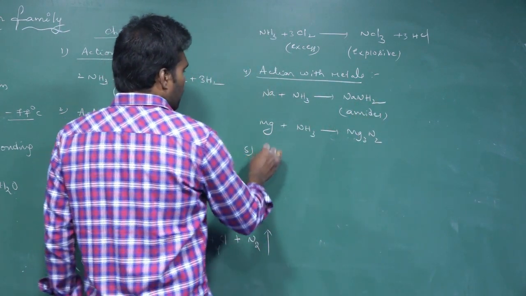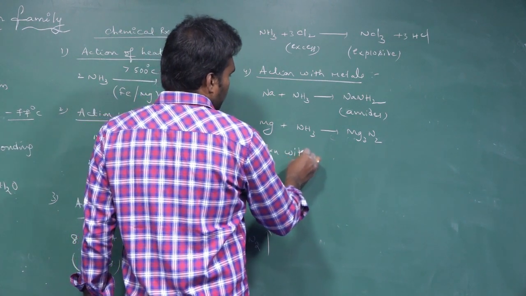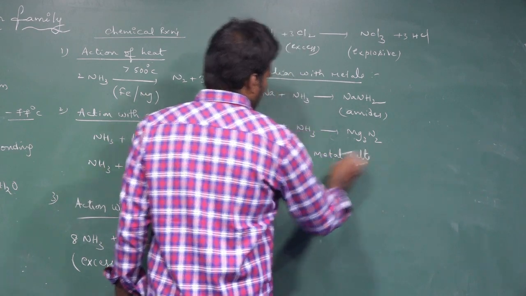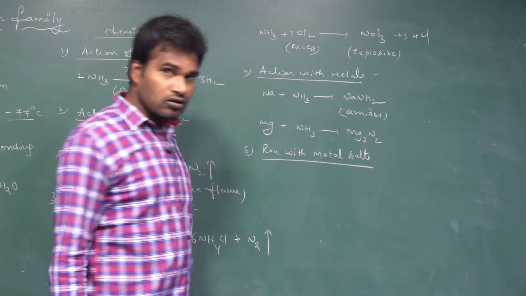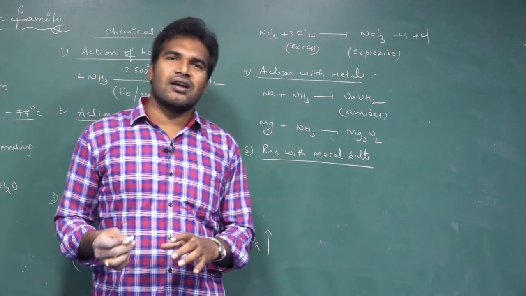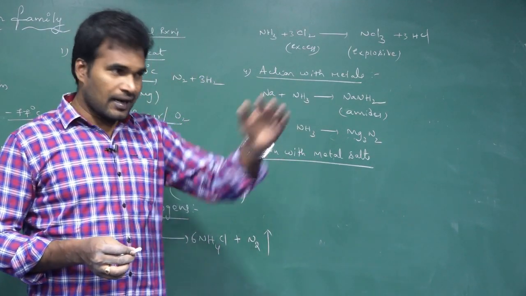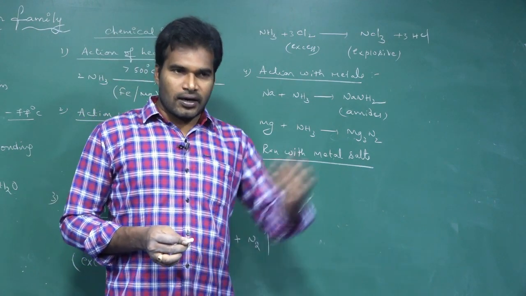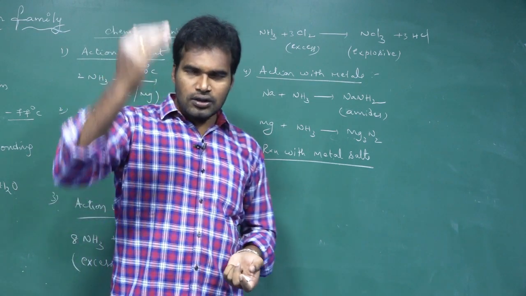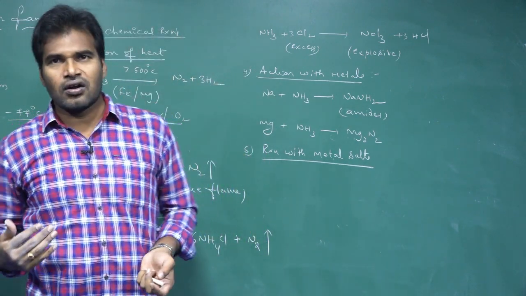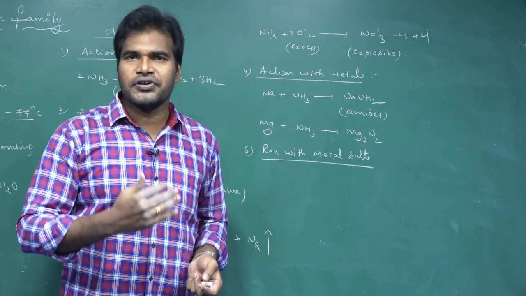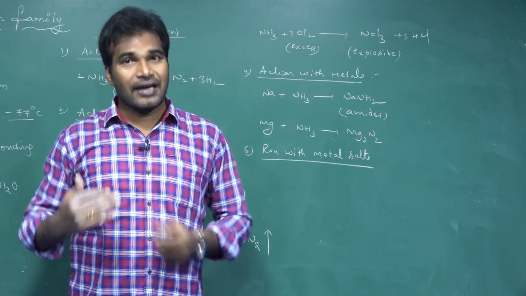Next one, reaction with metal salts. We categorize the metal salts into 3 categories based on the electrochemical series, or reactivity order of metals. In the electrochemical series, there are so many metals arranged in the order of their reactivity: potassium, sodium, calcium, magnesium, aluminium, zinc, iron, tin, lead, hydrogen.